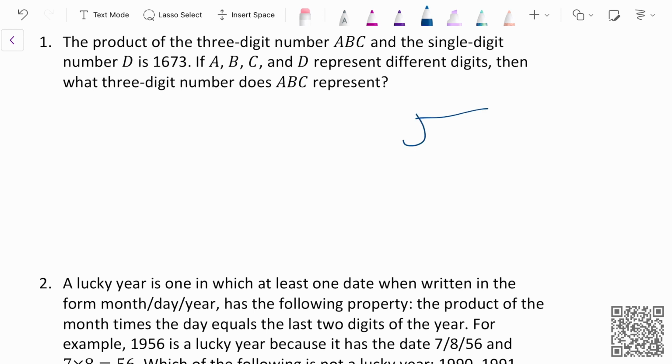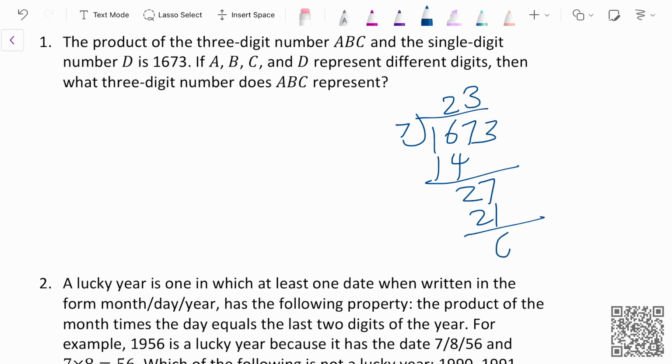If we divide 1673 by 7, pull up a 2, you get 14. Go to 7, you would have to go up a 3, get 21, you get 6, move down the 3, 63, so that's a 9. So 239.